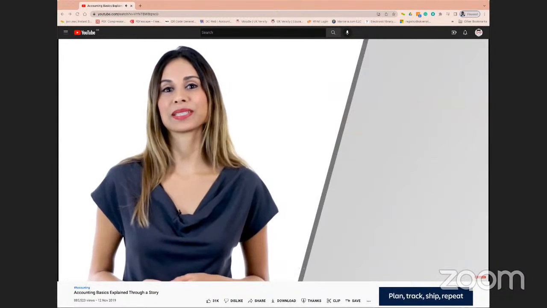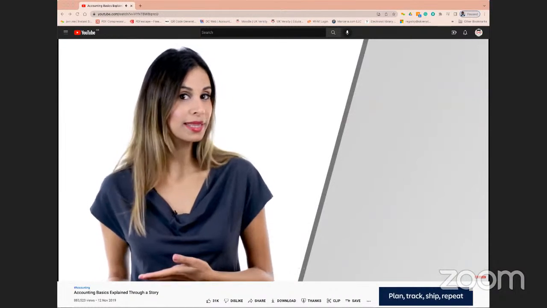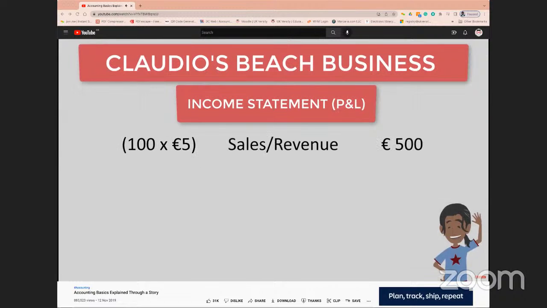It's a fairly simple business model, and the P&L for Claudio's business would look like this. He sold 100 plates for €5 each. That's what we call sales or revenue, which were €500. The plates he sold, he didn't get for free, right? He incurred costs to buy them. Each plate cost him €1.